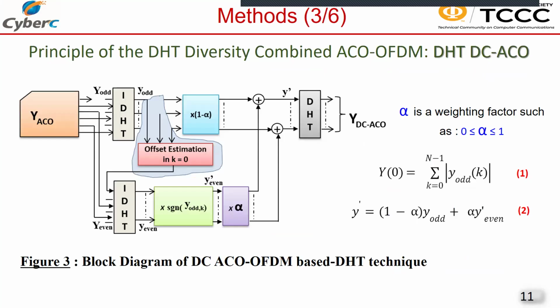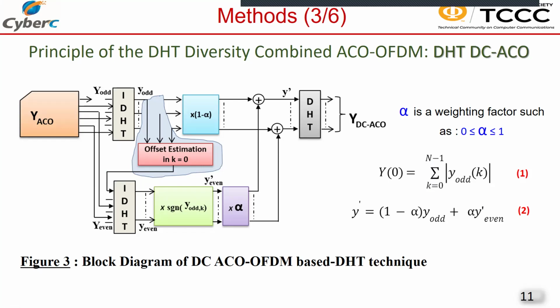This slide shows you a block diagram of the diversity combined ACO-OFDM demodulator based on DHT. It has the same transmitter scheme as the previous ACO-OFDM based DHT, but at the receiver, the received and equalized signal undergoes a process where it is divided into its odd and even components.